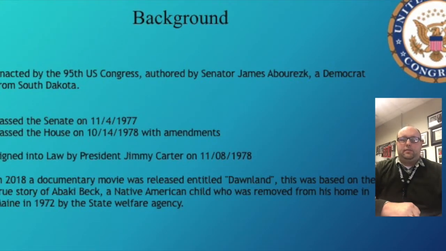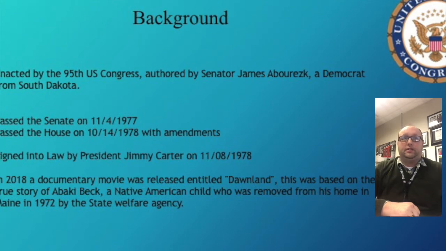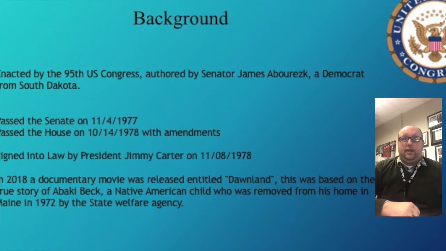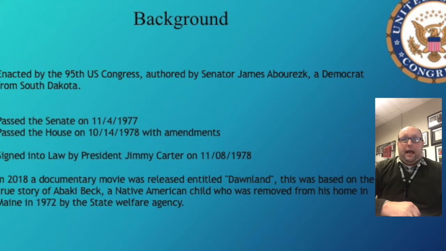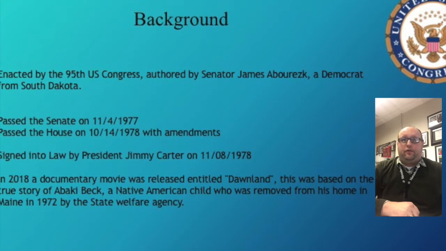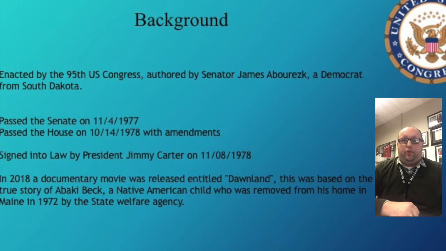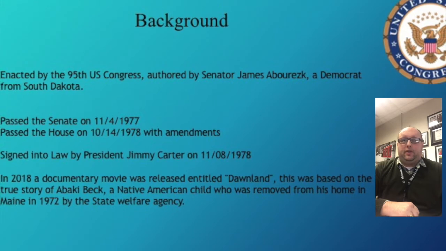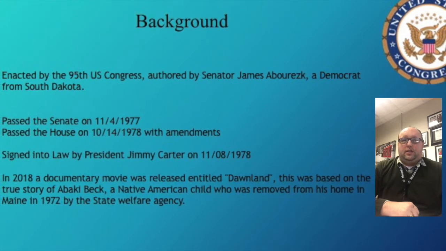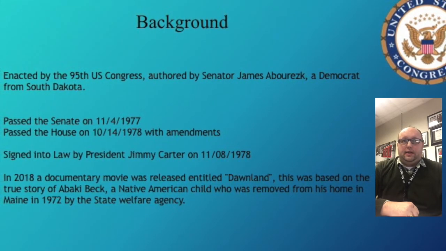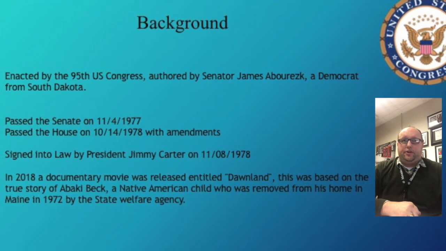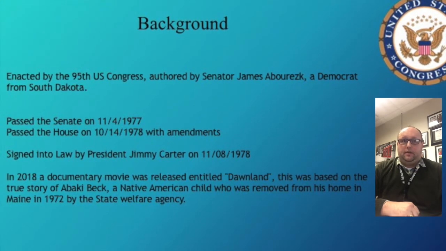ICWA was enacted by the 95th U.S. Congress. It was initiated by Senator James Abourezk, a Democrat from South Dakota, on April 1st, 1977. It was initiated through the Senate Indian Affairs and House Interior and Insular Affairs Committee.